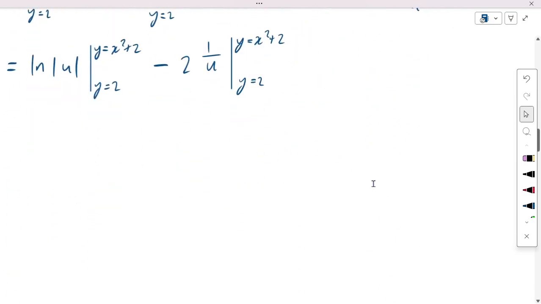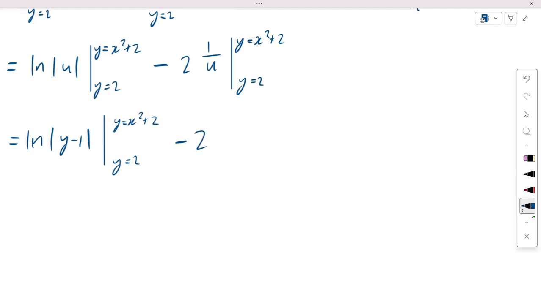So we can just replace u with y minus 1. So it's going to be the natural log of absolute value y minus 1 evaluated from y equals 2 to y equals x squared plus 2, minus 2 into 1 over y minus 1, evaluated from y equals 2 to y equals x squared plus 2.